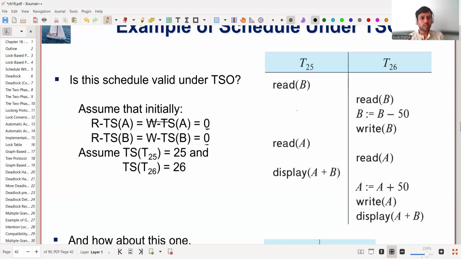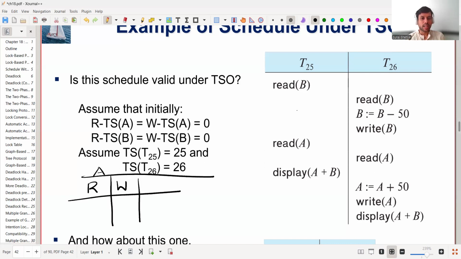So what I will do, I'm going to cut these two things here. Maybe I won't use this; I'll use something else here. I'll use read and write, and this is for A, and the right side is for B. So there is some space here.